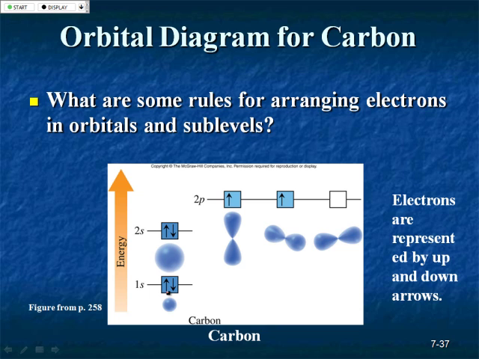These superscripts represent the electrons, so those numbers should add up to the total number of electrons. Carbon has 6: 2 plus 2 plus 2 is 6. Okay, so this is how we are going to write the electronic configuration. It cannot go much simpler than this right now. So we are going to learn to write this for every element.